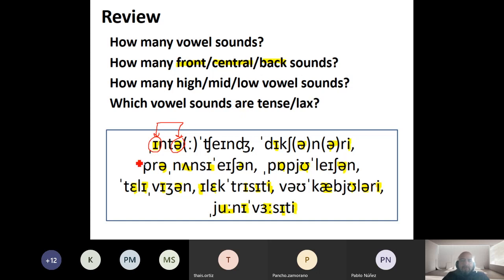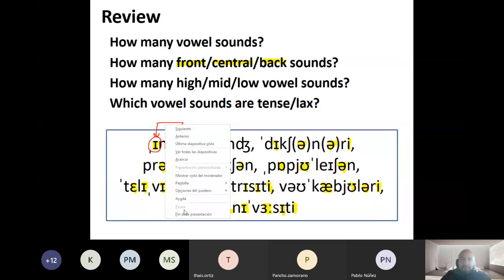So far you should know all the properties, characteristics or features of the 12 monophthongs that we have been discussing in previous classes. That's something you need to consider, and also compare and contrast them to see the similarities and differences among all the 12 monophthongs.